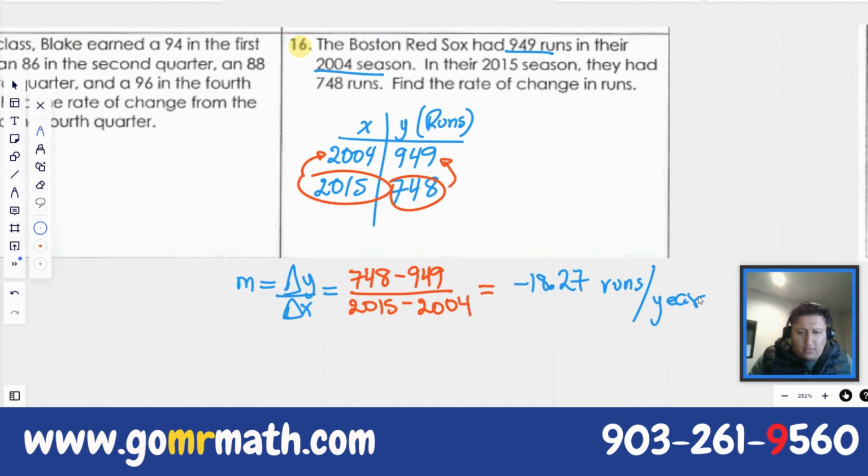Okay, let me check if all my numbers are correct. 748 minus 949 divided by 2015. Yeah, 18.27 times 9 plus 949.